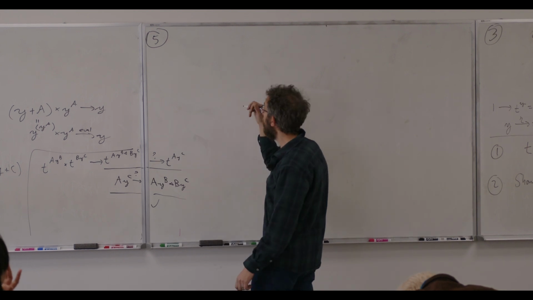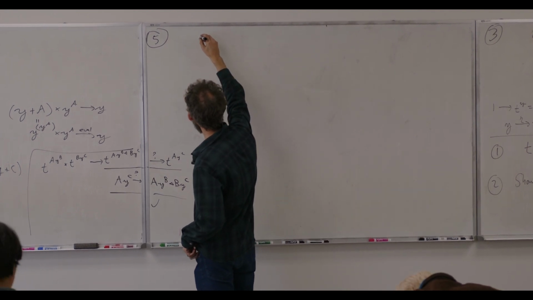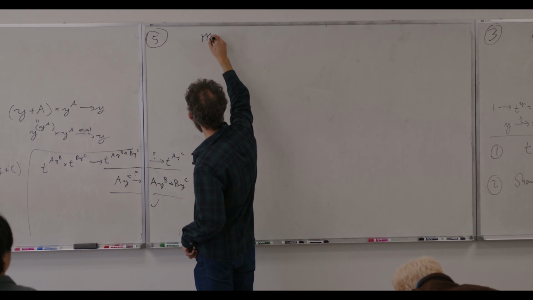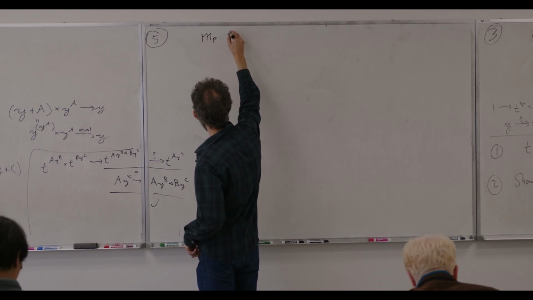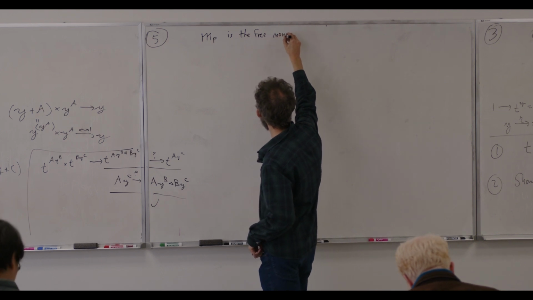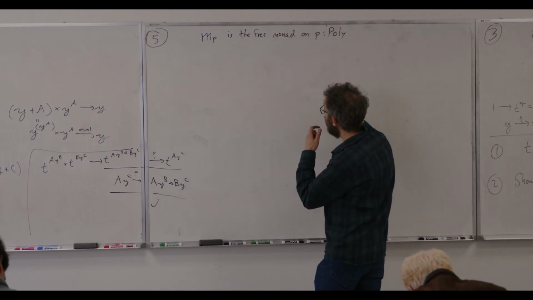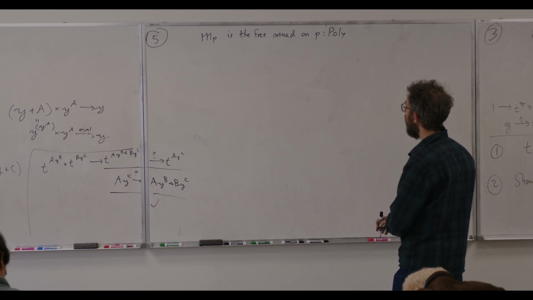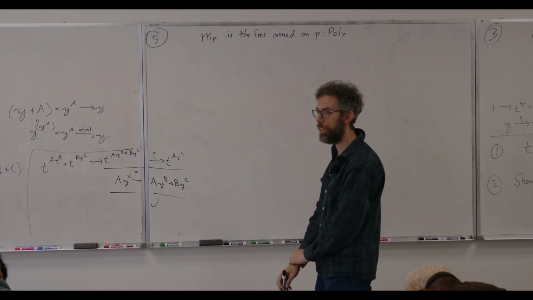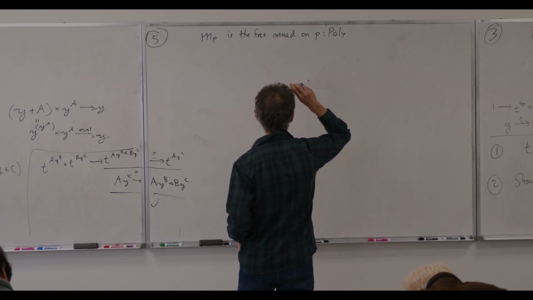Okay, so yesterday, Joachim said that for any polynomial, I'm going to write M sub p is the free monad on P. So if you have any polynomial, the free monad on it is MP. This is just notation. I write math frac M. What does that mean?